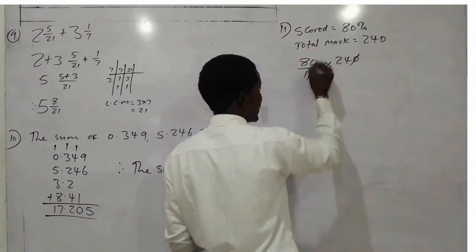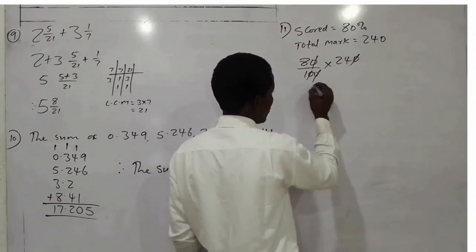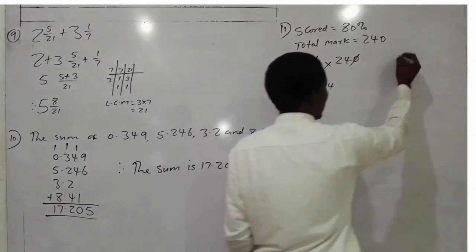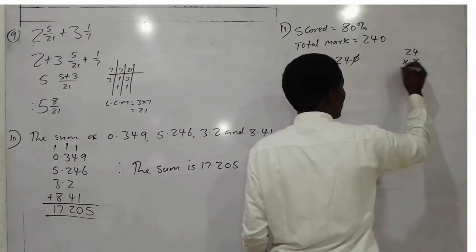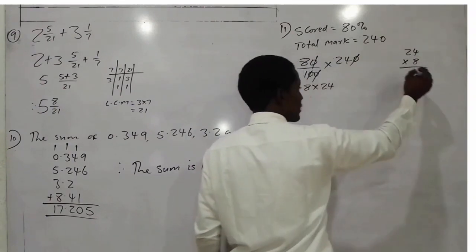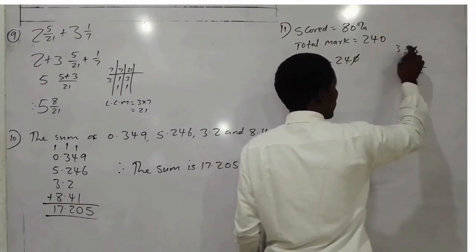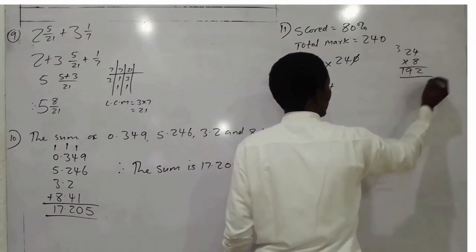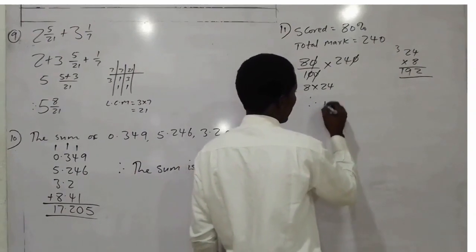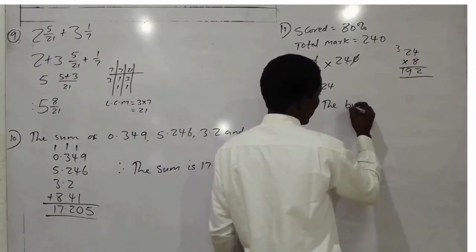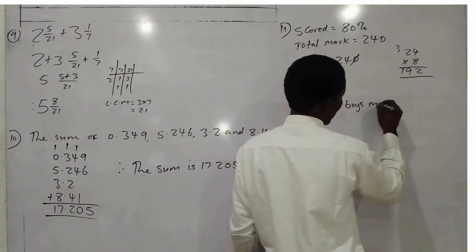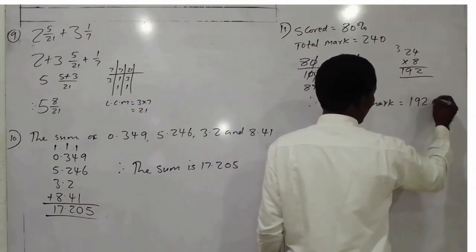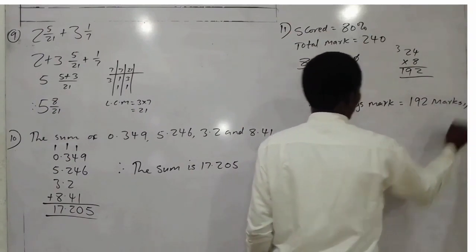You simplify this by reducing the numbers, so you have 8 times 24. 24 times 8 will give us 192. Therefore, the score is 192 marks.